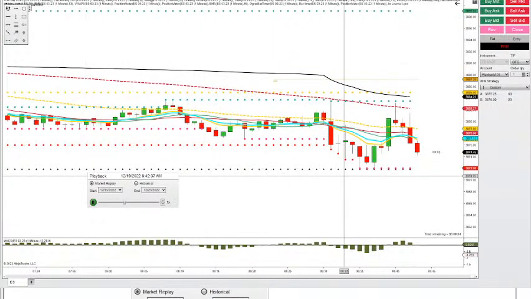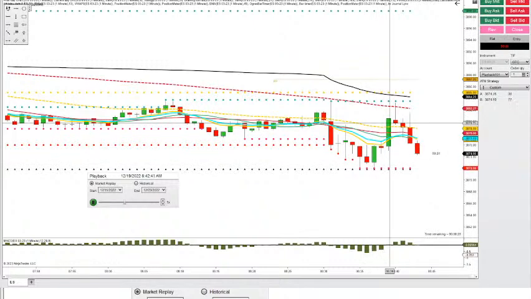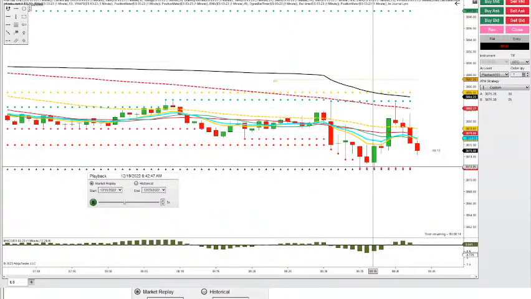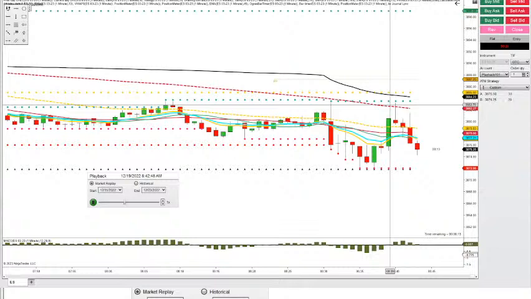If I were not abiding by the 9:45 rule, knowing me, I probably would have definitely taken this trade here. Pivot low, run up to the red 5-minute line.